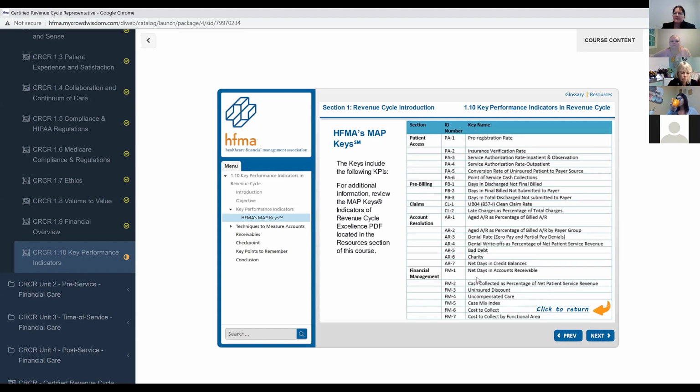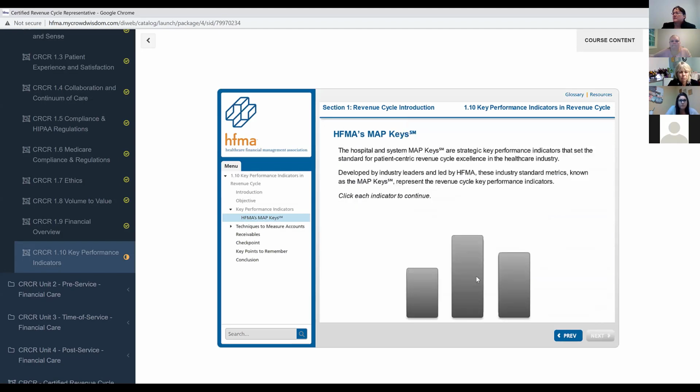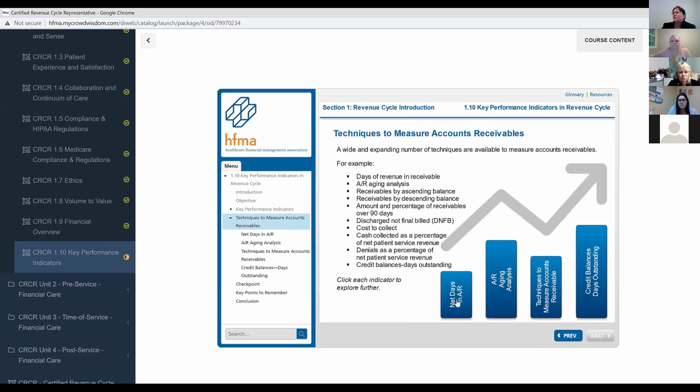The first one, obviously, is your days in AR, net days in AR. How long is it taking you on average to collect your receivable? The study guide shows you a calculation for that, and it's based on the calendar days. As I mentioned earlier, you have your receivable at a particular point in time, but then you'll have your revenues over a period of time.